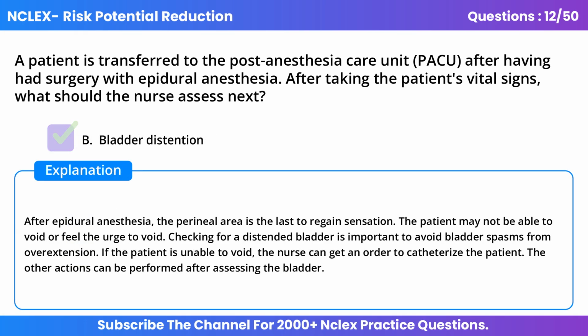After epidural anesthesia, the perineal area is the last to regain sensation. The patient may not be able to void or feel the urge to void. Checking for a distended bladder is important to avoid bladder spasms from overextension. If the patient is unable to void, the nurse can get an order to catheterize the patient. The other actions can be performed after assessing the bladder.